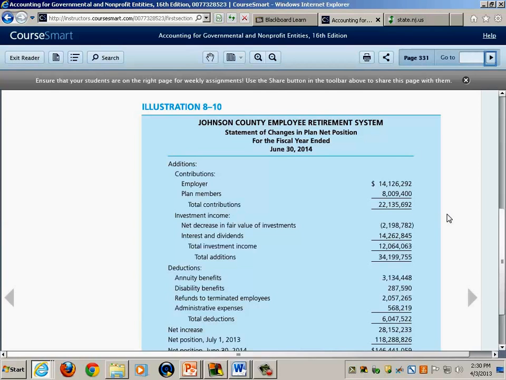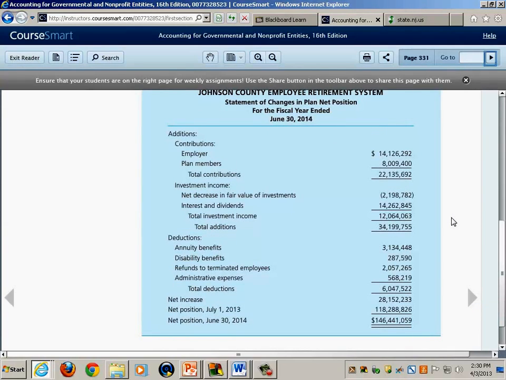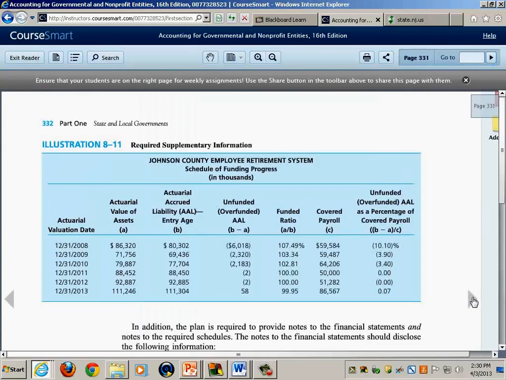Deductions are the benefits that are paid: people who got disabled, payments made to retirees, refunds back to terminated employees who are leaving the pension fund, and administrative expenses. And this number ties in with the pension. So why did I put this up? So you can see what kind of transactions happen in a pension plan itself.